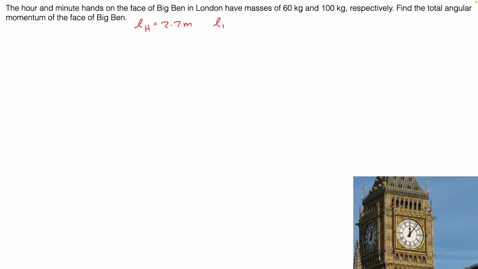And the length of the minute hand is 4.5 meters, so that's a good 12 feet right there. These are pretty big. So the minute hand would be from here to roughly about there. This is a big clock, and there are 4 faces all the way around the top.